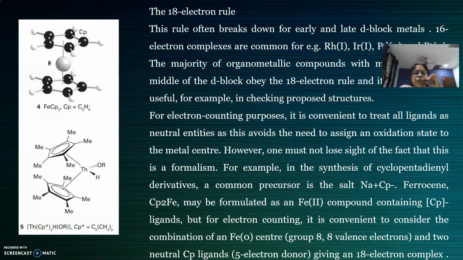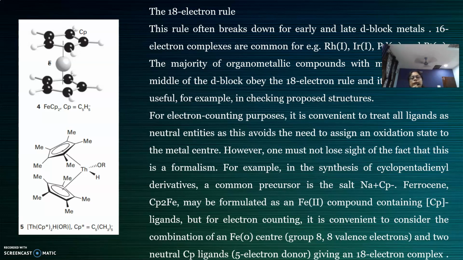So if a transition metal having d, s and p orbitals wants to get stabilized by forming a compound where all the valence orbitals are filled, then the d orbital can have a maximum of 10, the s orbital 2, and the p orbital 6. This means 10 plus 2 plus 6, an 18 electron configuration.